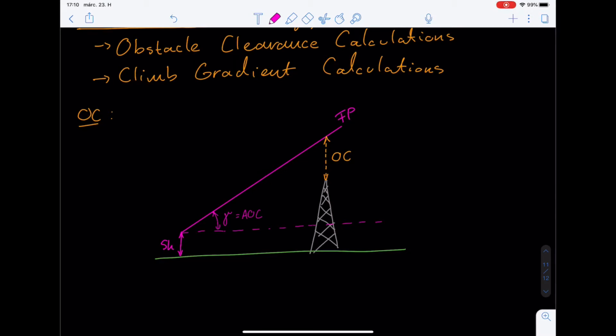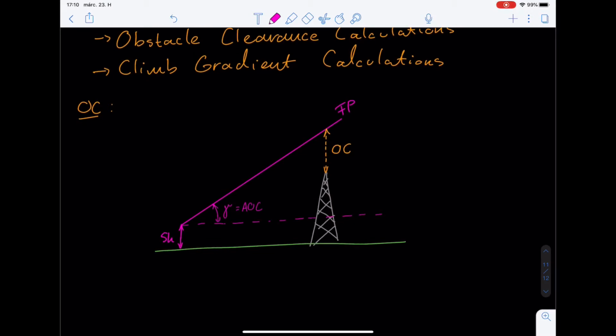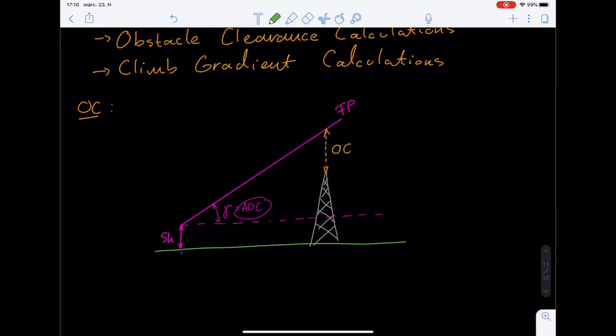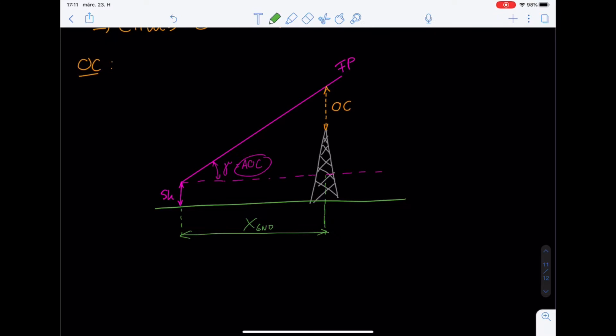Okay, so here it's visible that if we know the flight path angle or the angle of climb, and if we know this distance from the screen height until we get to the point above the obstacle, so this x distance relative to the ground, I can calculate the rest if I know the angle and this side of the triangle.